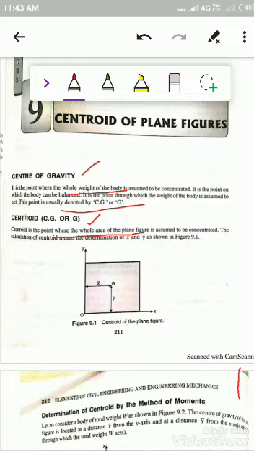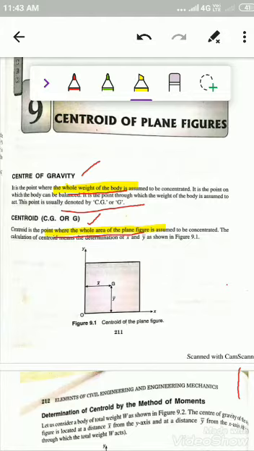There is not much difference here, just concentrate. In the center of gravity, the whole weight of the body is assumed to be concentrated at a single point. In the centroid, the whole area of the plane figure is assumed to be concentrated at a single point.